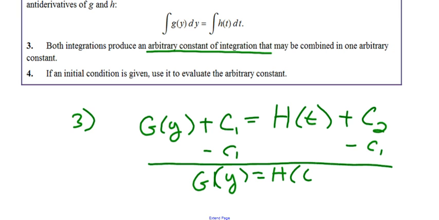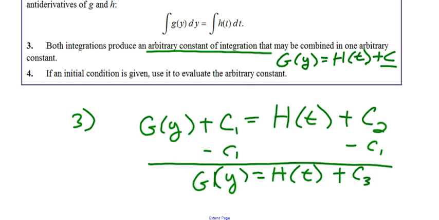Remember, since it's just a constant, if I'm adding or subtracting two constants together, it's still just another constant. So when we talk about both producing arbitrary constants, they can be combined into one. So we're going to give our antiderivatives in this form, with only the plus c on the right-hand side, so that we could do step 4. If an initial condition is given, we can find that constant.